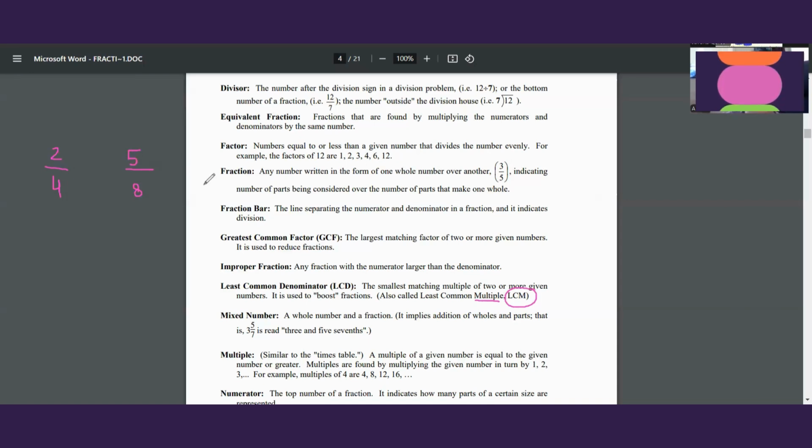And I want to make the denominator the same. I want a least common multiple of 4 and 8. So which number? 4 doesn't go into the 8 times table, but 8 goes in the 4 times table, right? So the least common multiple is 8 itself here.